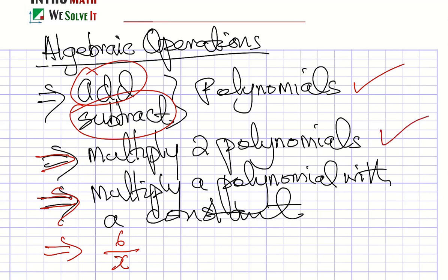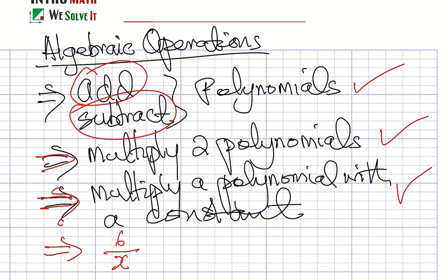When you multiply a polynomial by a constant, I'm sure it's going to be a polynomial. But division can be a problem.